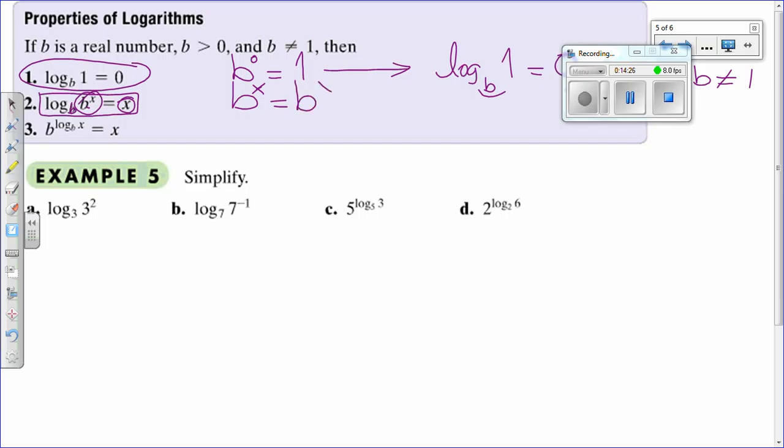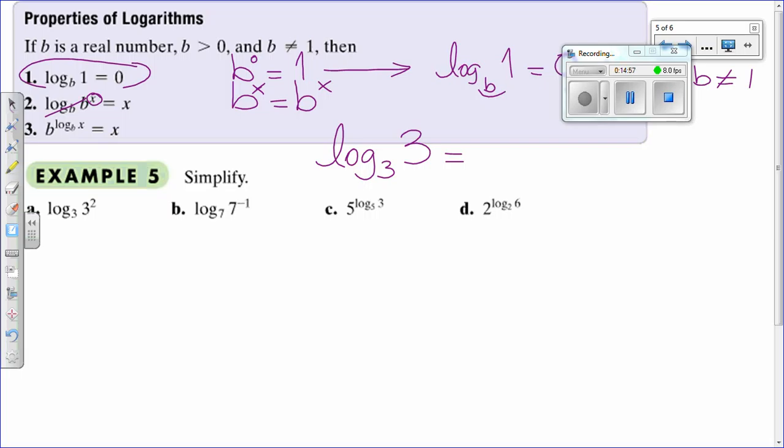I know it doesn't make a lot of sense. That's what it's called. So that tells you why you can cancel those as long as the base and the argument are the same. You cancel them, and then the answer becomes the exponent. So what if you had something like this? What would you say the answer is?